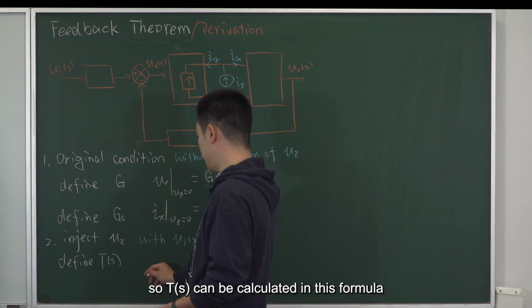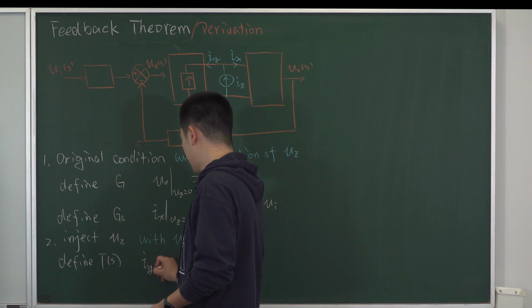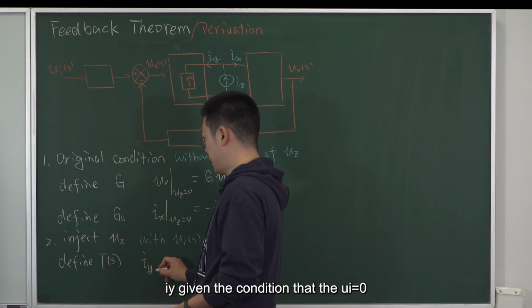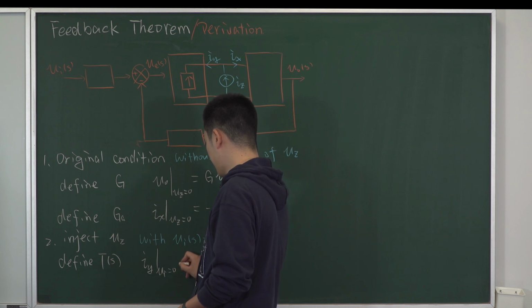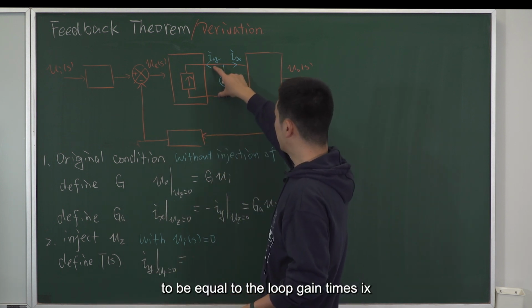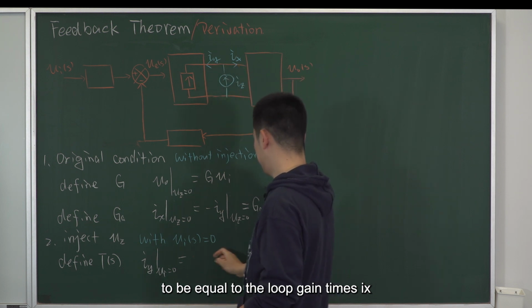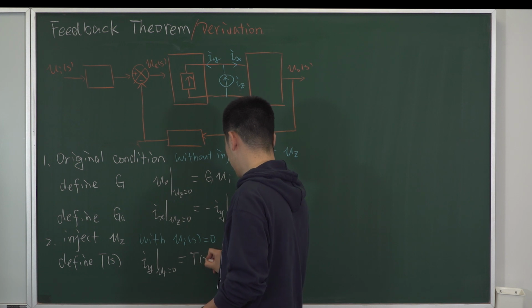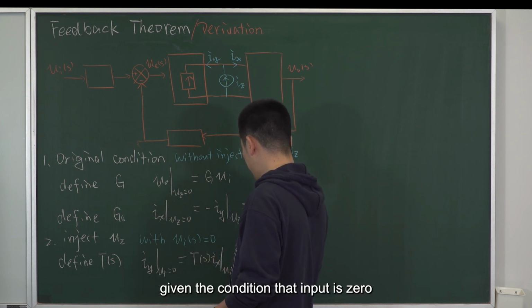So TS can be calculated with this formula: IY, given the condition that UI equals 0, should be equal to the loop gain times IX, given the condition that input is 0.